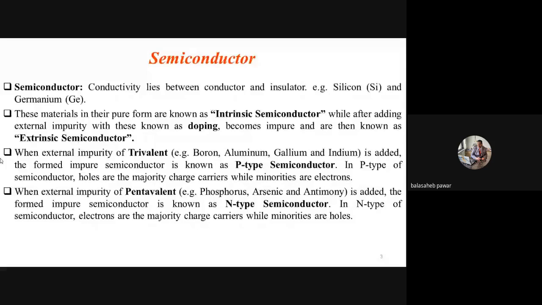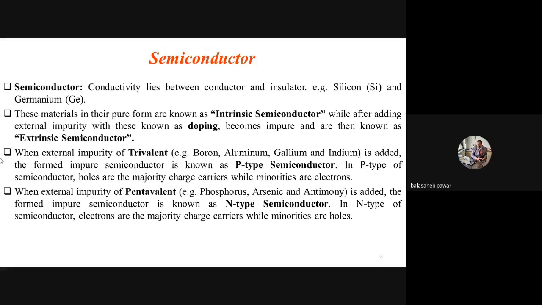Is it okay? As per the periodic table which you studied in chemistry, silicon, denoted by Si, and germanium, Ge, are the materials known as semiconductor materials.